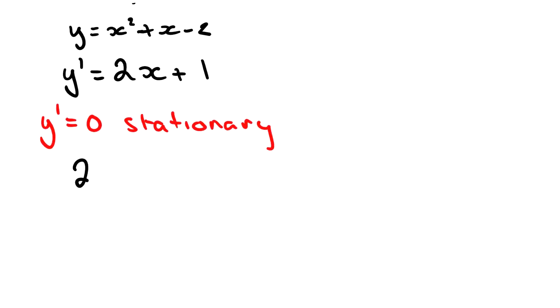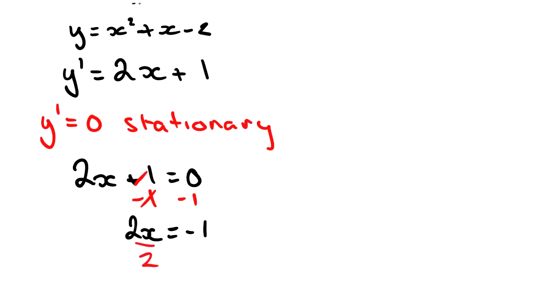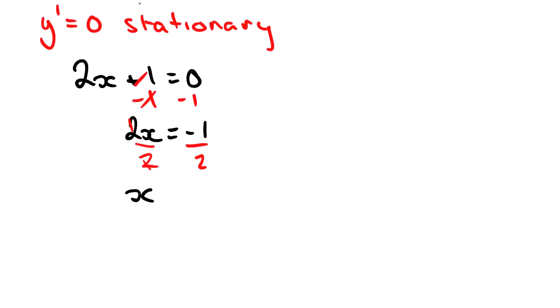So we say 2x plus 1 equals 0, and we solve it like any regular equation. And we get x equals negative a half. So at negative a half, we know there's a stationary point.